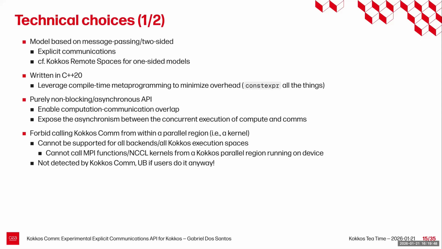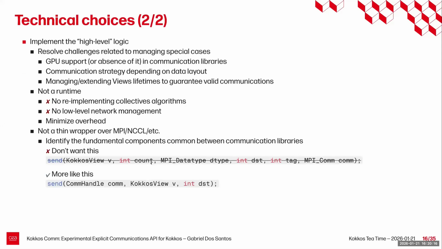But if you're running with MPI and the CUDA backend, then you can't call an MPI function from within a kernel. So we're deciding not to allow it at all. For now, it's not detected by Kokkos Comm because Kokkos doesn't have the means to tell us if we're running in a parallel region or not, but it should be coming. So for now, it's undefined behavior if users do it anyway.